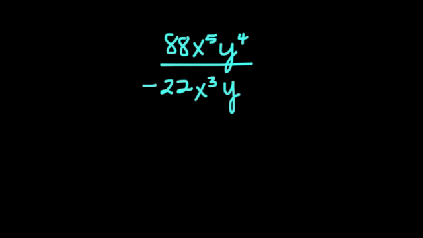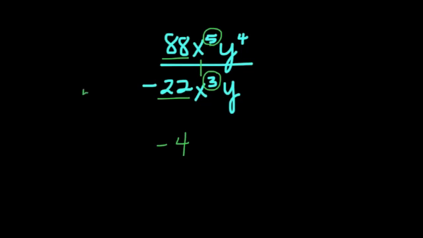Now, just as before, when we have several different variables or multiple numbers, we are still going to combine our numbers together, our x's together, and our y's together. So I'm going to start by looking at my numbers here. We have 88 divided by negative 22. So again, 88 divided by negative 22 would give me a negative 4 for the number. Then we're going to look at our x's here. So here we have x to the 5th and x to the 3rd.